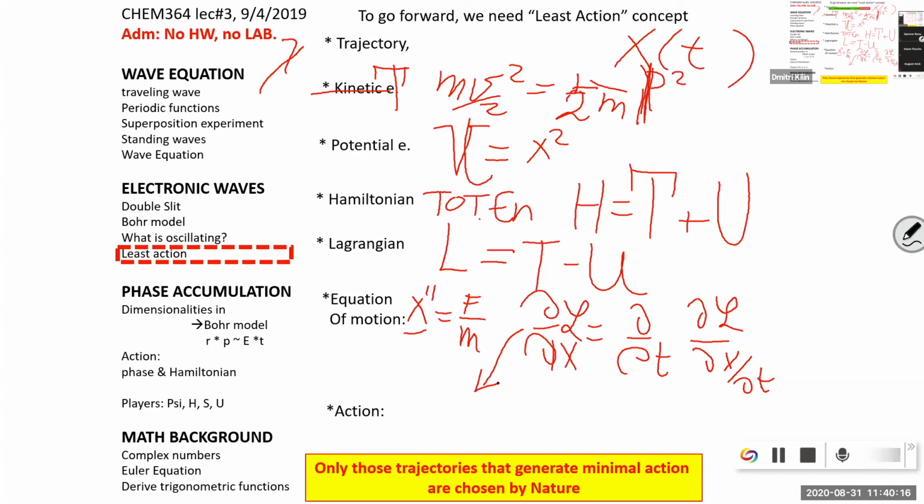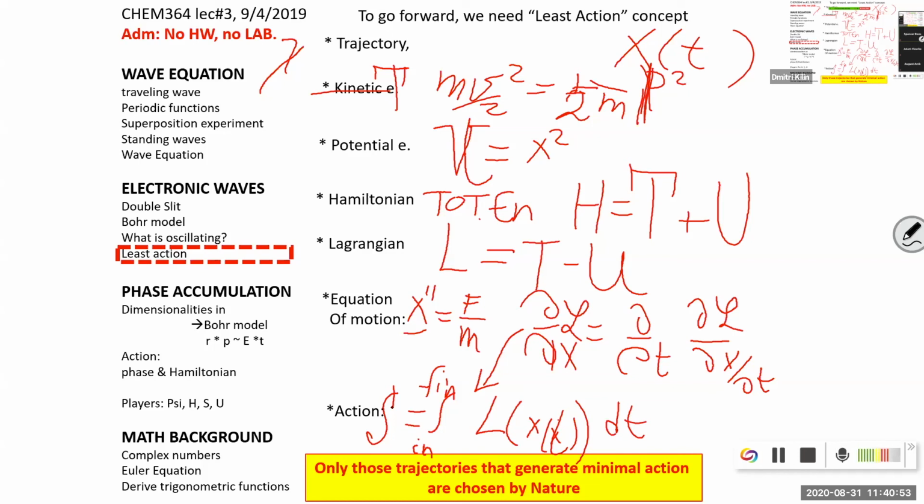If one goes from the initial point of the trajectory to the final point, and then takes the Lagrangian integrated along the trajectory, then this value is referred to as action.